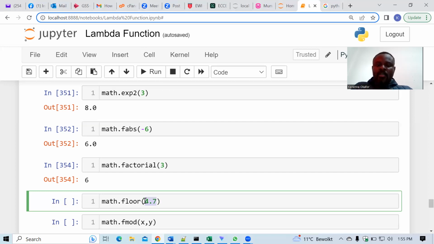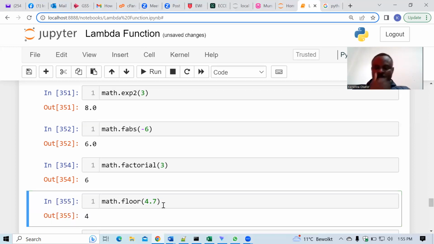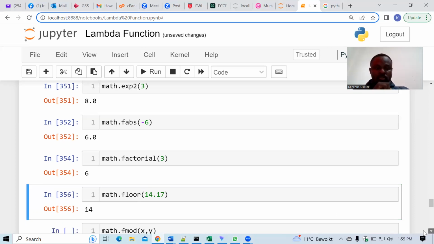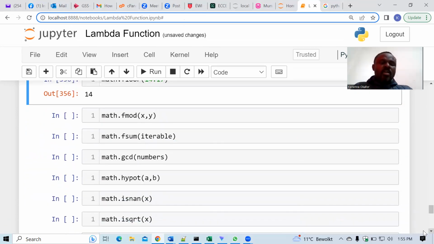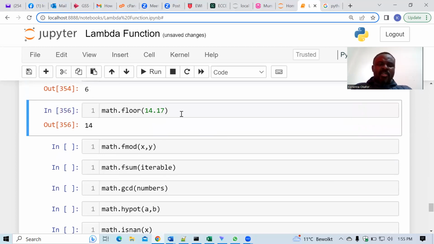Say 4, right? 4 happens to be the greatest integer before you get to 4.7. So this will return 4. That's what I'm saying. And even if I made it 14.17, it will be floored to 14. That's it. Okay, guys.